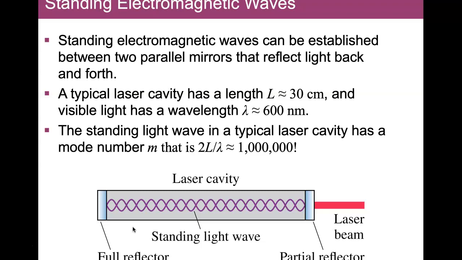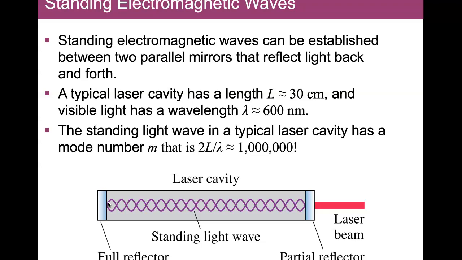Mirrors can give rise to fixed boundary conditions. Basically, they force the electric field to become 0 here at the interface, because if it's fully reflecting, then nothing goes through, so there can't be, because of continuity, any field on the other side, so the field must be 0 at the boundary.